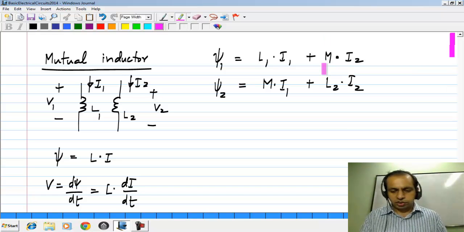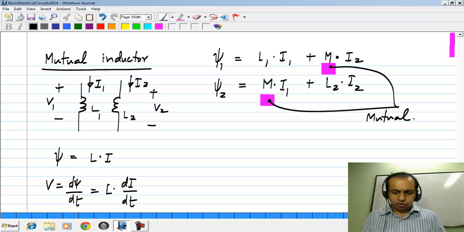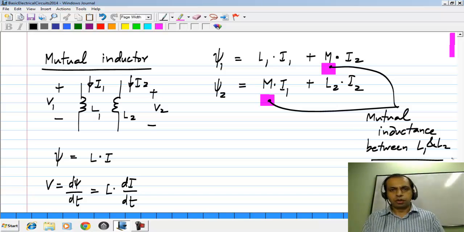Okay. So the same coefficient appears here and here. We won't discuss why that's the case, but that's a fundamental property. That is, the proportionality constant between I2 and psi 1 is the same as between I1 and psi 2. Okay. And this constant is known as the mutual inductance between L1 and L2. Okay.